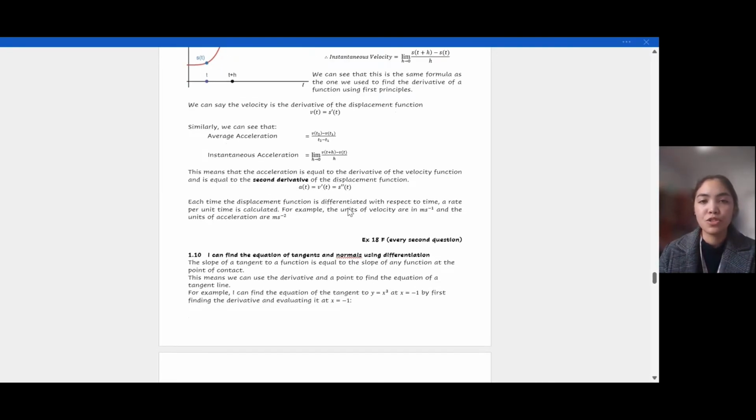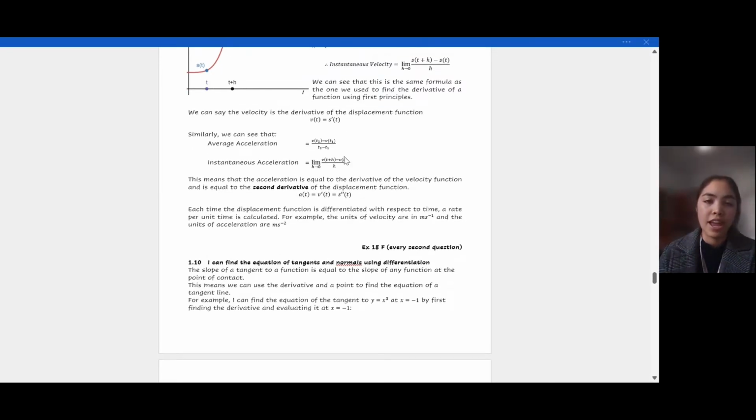Similarly, if we were to draw another graph of our velocity function, we would see that if we were trying to imagine the average velocity or change in velocity, we'd be looking at the average acceleration. So how much is that change of speed changing over time?